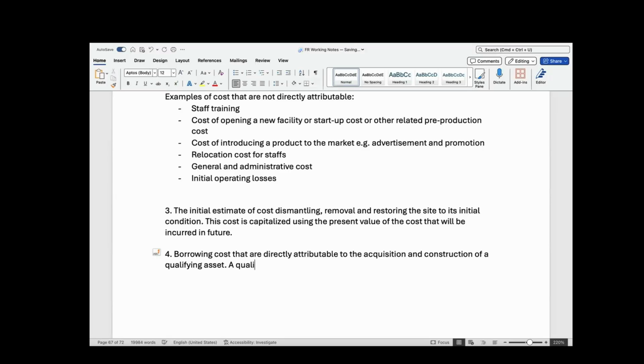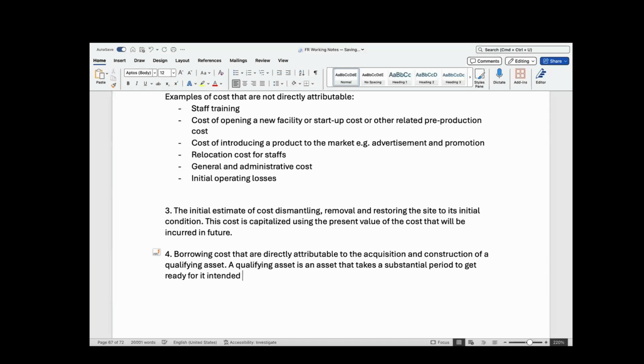So, that's why we define it as saying a qualifying asset is an asset that takes a substantial period of time to get ready for its intended use.